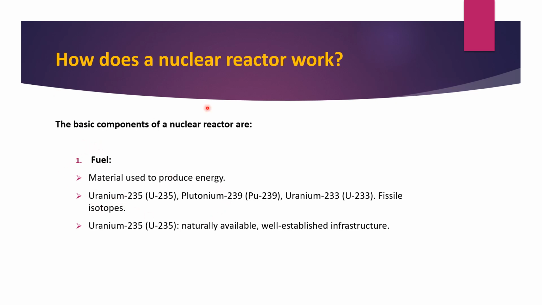The fuel used in a nuclear reactor is an isotope that is fissile, meaning its nuclei can be easily split into two parts, releasing energy. Among the isotopes, uranium 235, plutonium 239, and uranium 233 are fissile isotopes that we can use as fuel. But uranium 235 is commonly used here because it is naturally available in India, abundant in nature, and we have well established infrastructure for it. So the fuel is uranium 235.